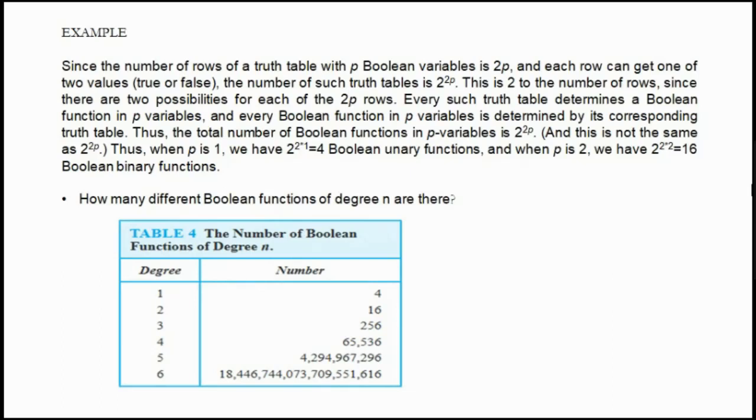What if it grows beyond 6 variables? Then we have another method called the tabulation method. So we will minimize circuits in 3 ways. First is simple Boolean operations, second is the K-map method, and third is the tabulation method, used when we have more than 5 or 6 variables.